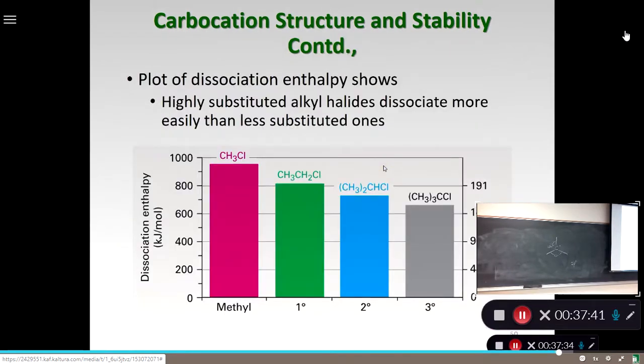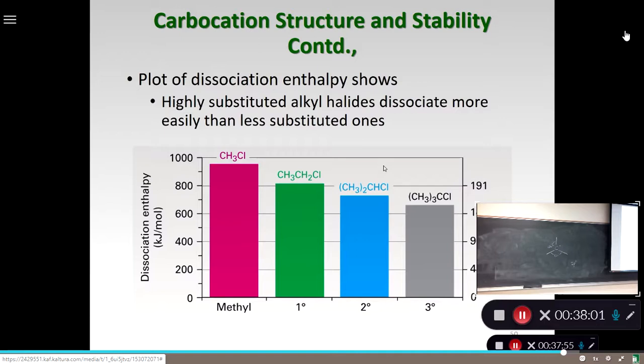So whenever you have more substituents on the carbocation, those substituents or methyl groups can push electrons towards the positive charge containing carbon, and therefore it is less intense. It is like this. Let's say positive charge is an instability. It is like having a huge loan.